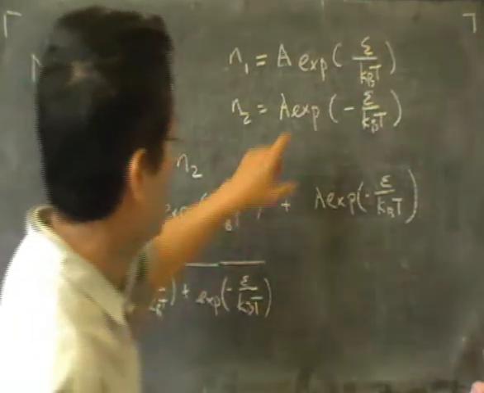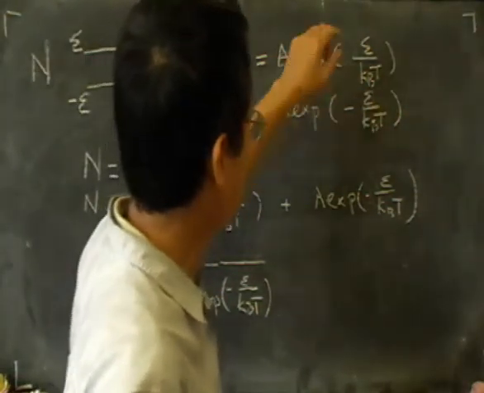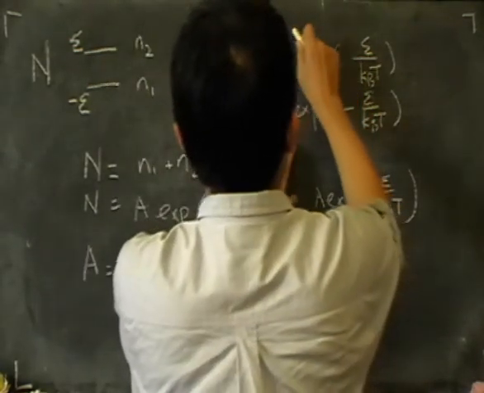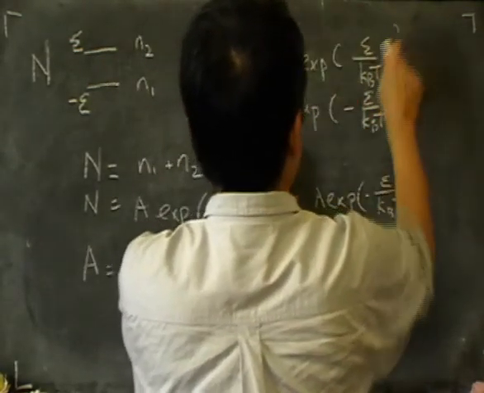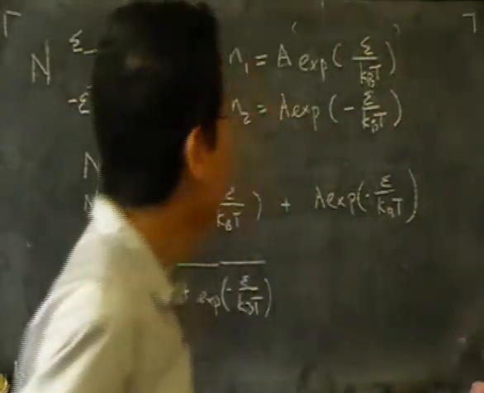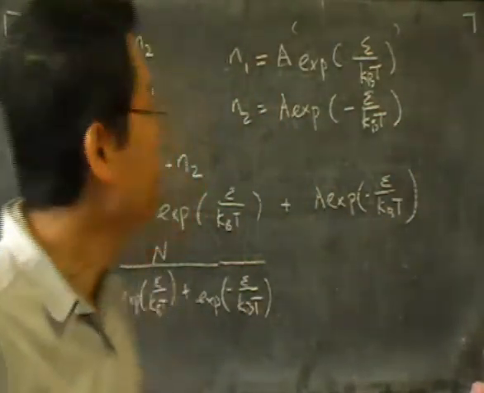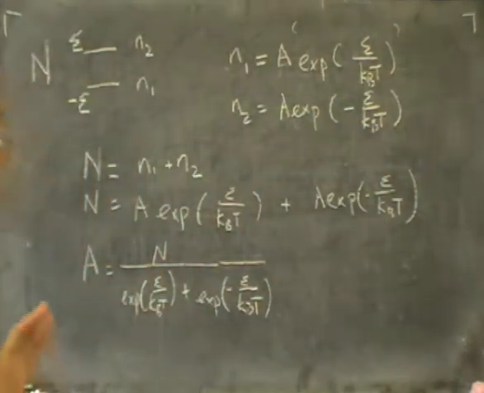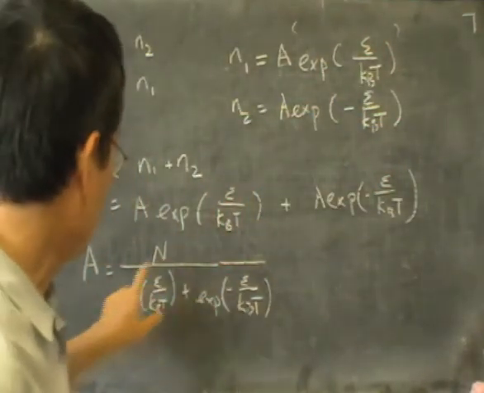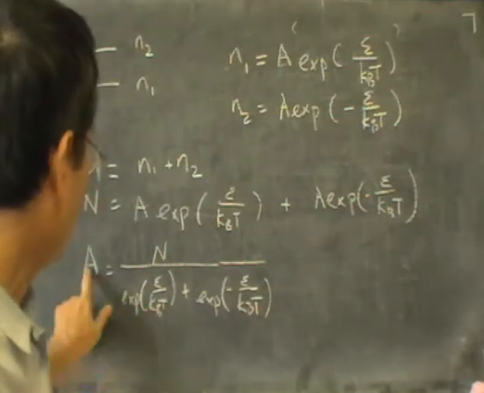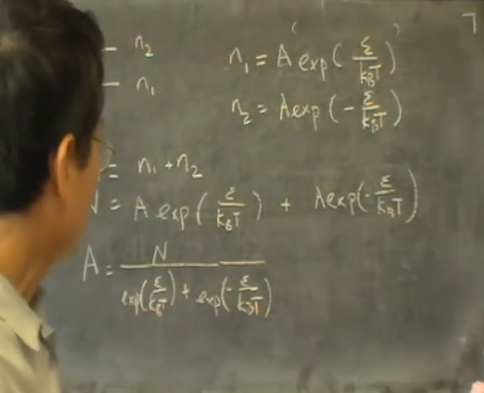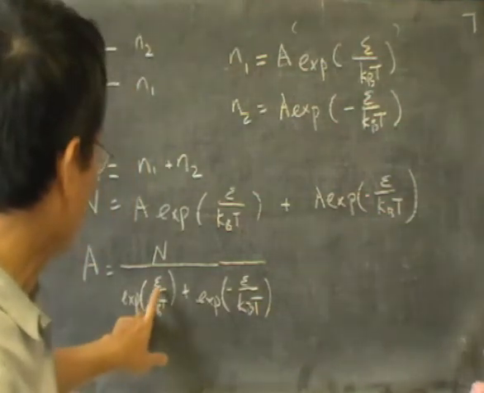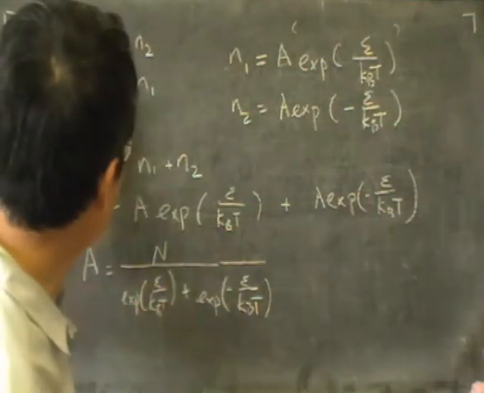This exponential with the epsilon over kT, this bit here, is often called the Boltzmann factor. That's the Boltzmann factor, just the exponential bit. And the denominator for A is just a sum of all the possible Boltzmann factors, for all the possible energy levels.